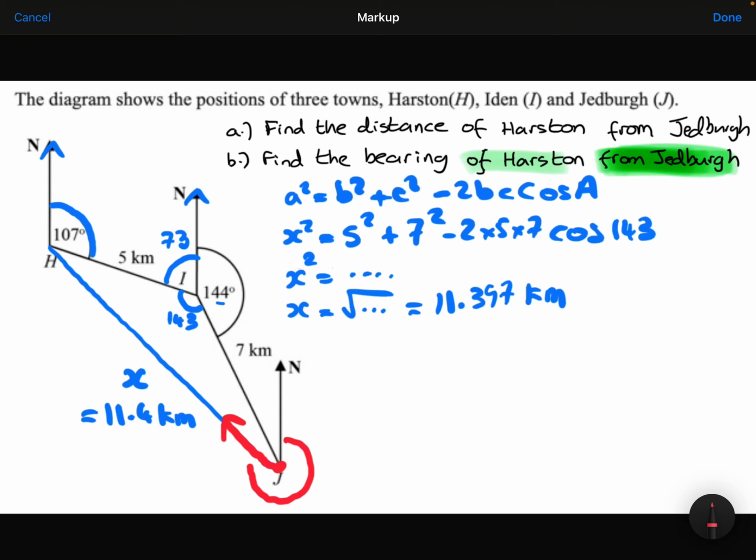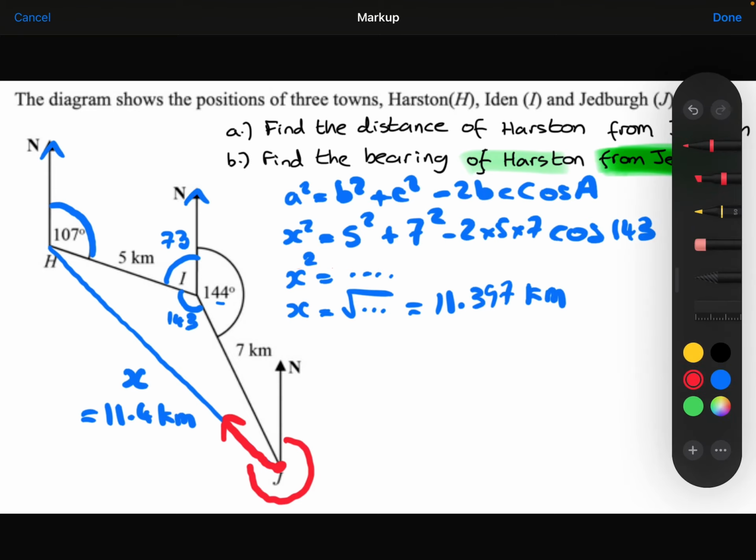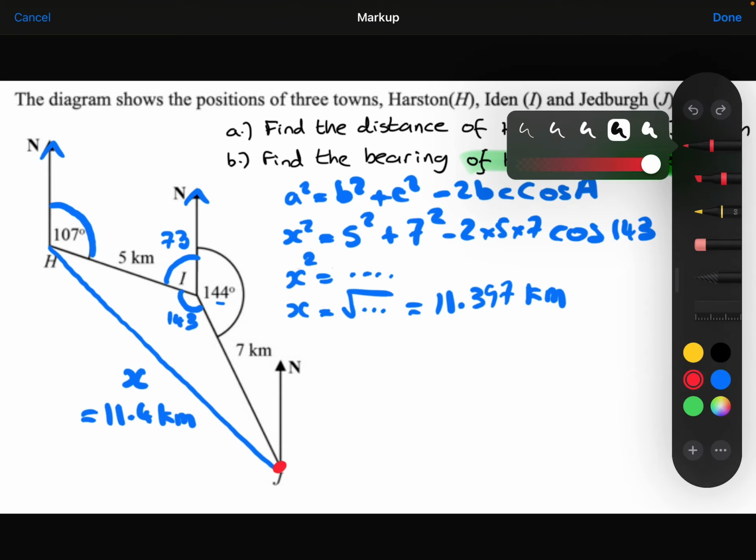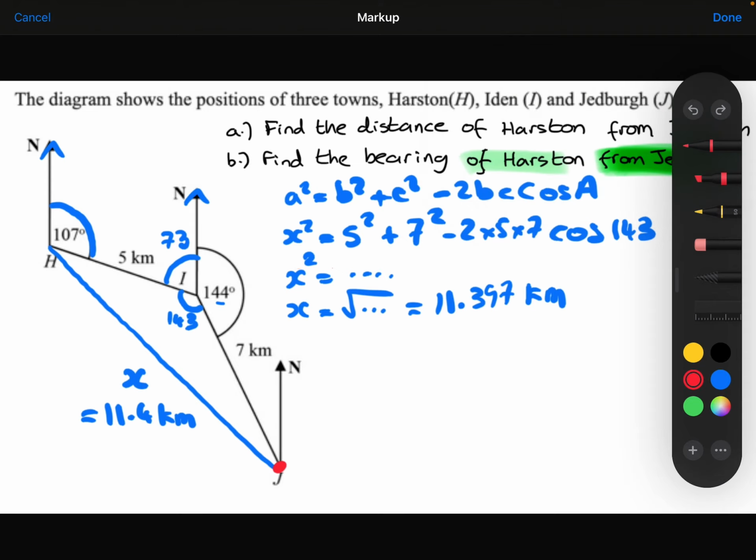Well, the way I'm going to do this is, first of all, I know that this angle here is going to be 36. I know that because I have co-interior angles here, and co-interior angles add up to 180.